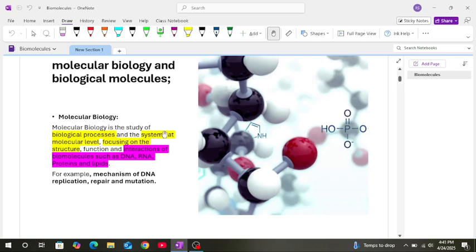And if we talk about some examples of concepts within this broad branch, molecular biology, that will be the mechanism of DNA replication. For example, when we are studying the mechanism of DNA replication, we are specifically talking about the structure of DNA.